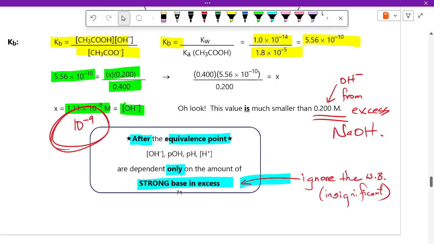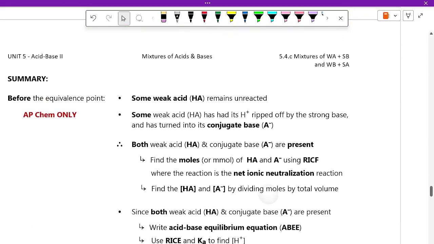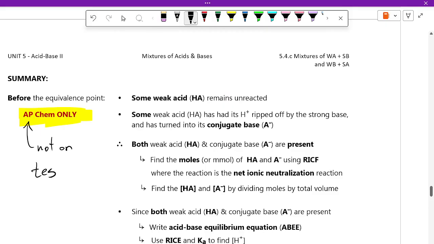That would be good. Okay, so summary. Before the equivalence point, this is AP only, so this will not be on your test. Some of the weak acid remains unreacted.